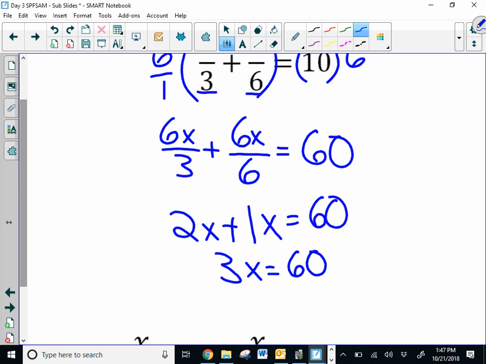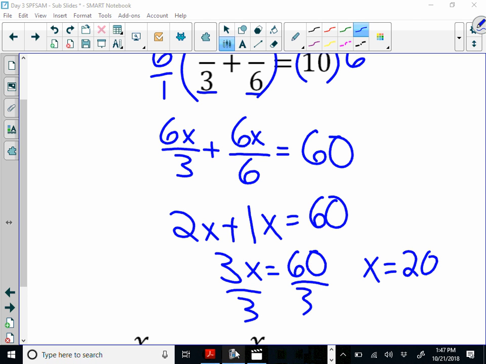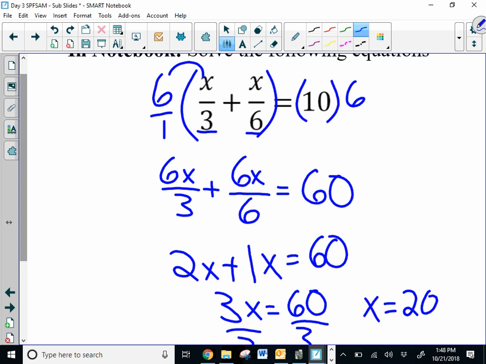Divide both sides by 3, and that'll give us x equals 20. Remember, the big key was finding the least common multiple of 3 and 6, which was 6, so that's what we multiplied by.